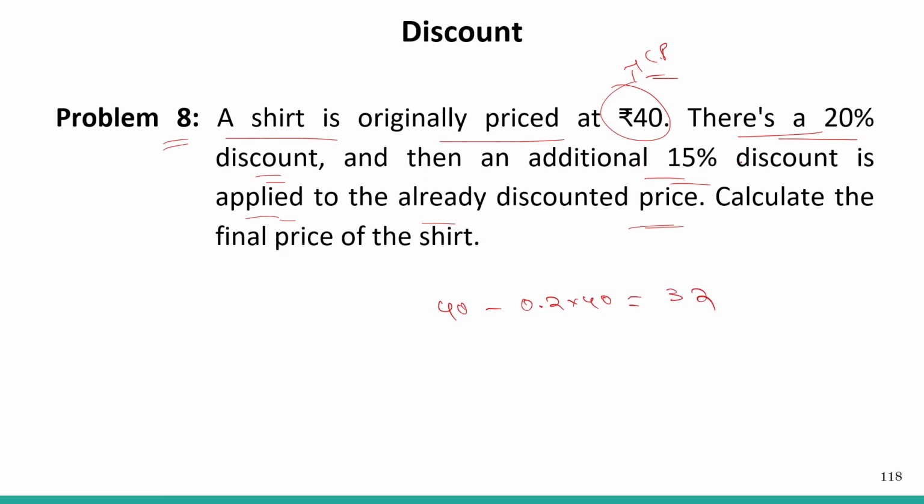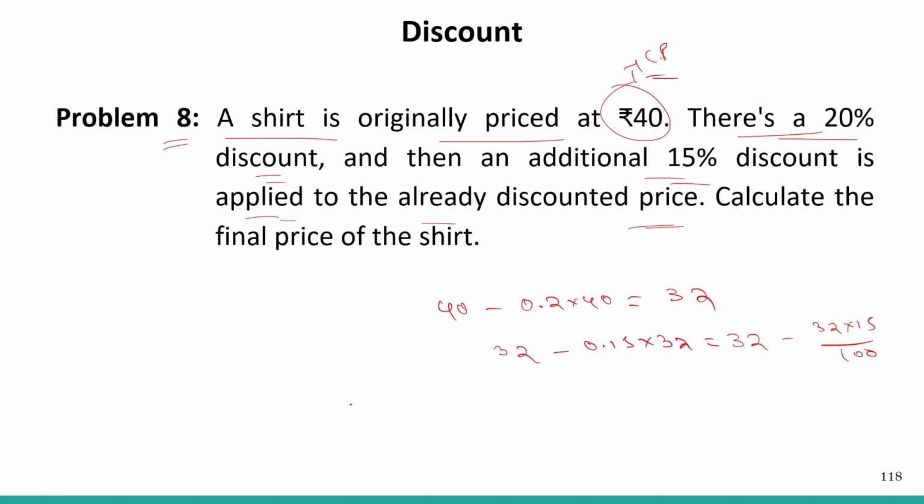So then an additional 15% discount is applied on the already discounted price. Okay, so then what I do is 32 minus 0.15 into 32. Okay, so 32 minus 32 into 15 by 100. Okay, this much amount. So let's see, we can also solve it by what? Successive discount method.